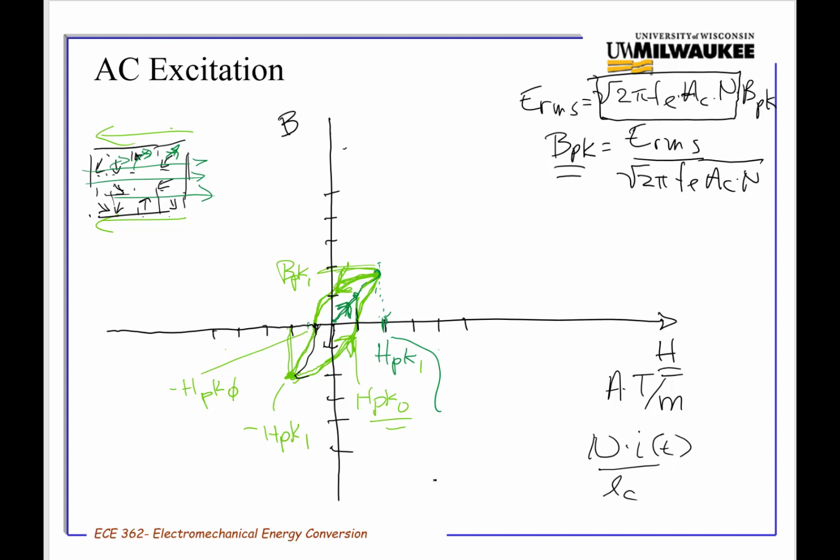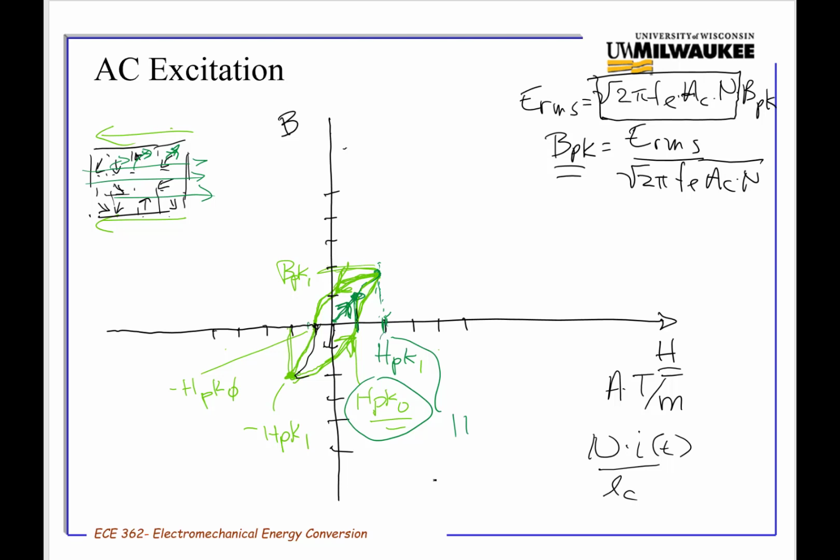If you increase to another level, well, let's say that we increase to this H. I've just arbitrarily picked these. This was the current that corresponds to this point on the curve here.